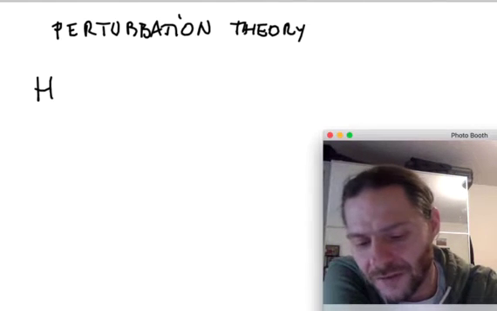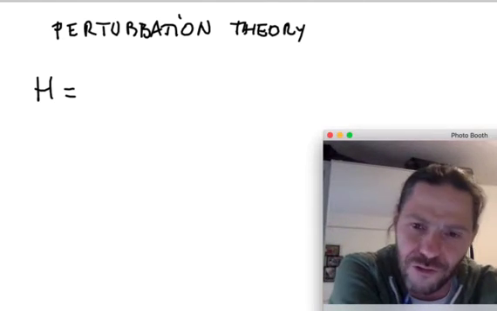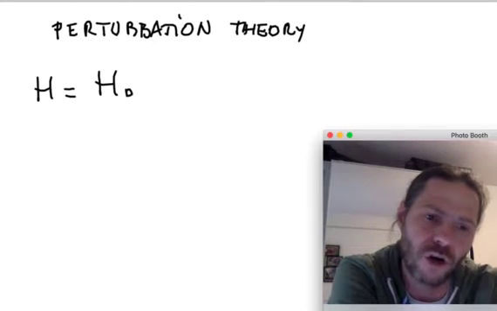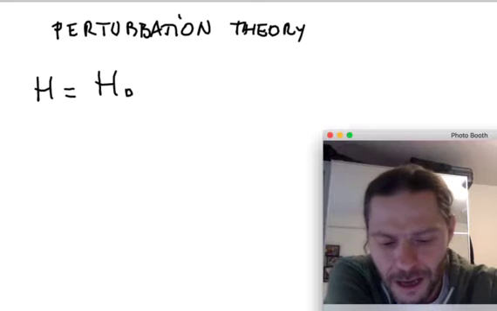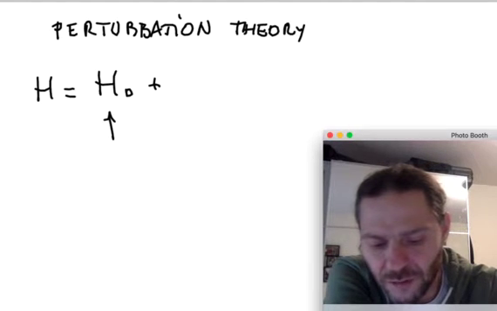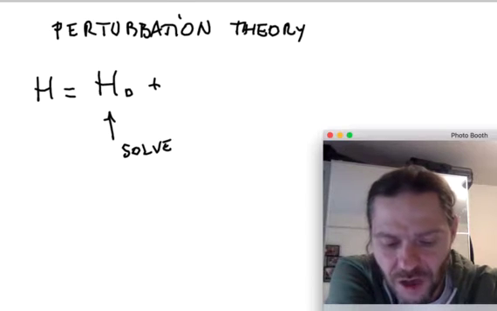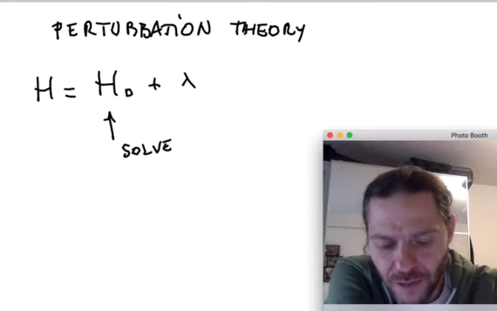We say, okay, we have a Hamiltonian that consists of two terms. One Hamiltonian that we call the unperturbed Hamiltonian, which we assume we are able to solve, plus a perturbation, and we assume the perturbation depends on a small parameter.